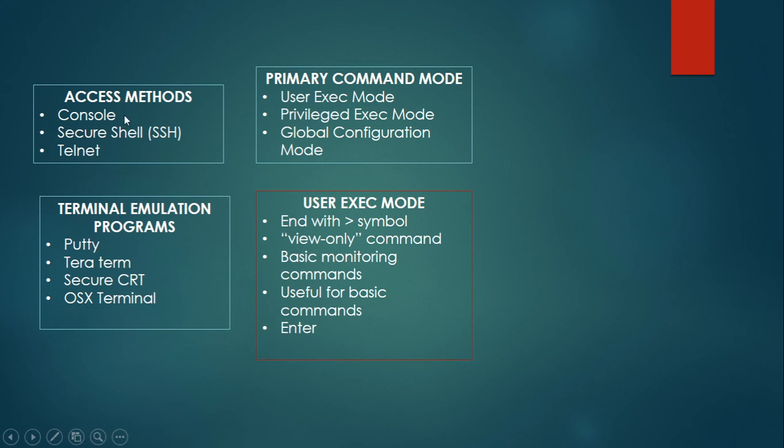In access methods, we have console, secure shell or SSH, and telnet. The primary command modes are user exec mode, privilege exec mode, and global configuration mode. In terminal emulation programs, we have PuTTY, Tera Term, Secure CRT, or OS X Terminal.